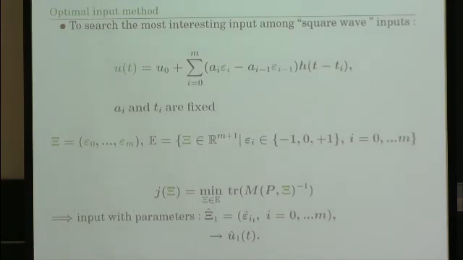Now, more generally, if you work with m stages, the first step consists in searching the most interesting input among square wave inputs given by this form. In this expression, the variables of input to be estimated are given in green color.